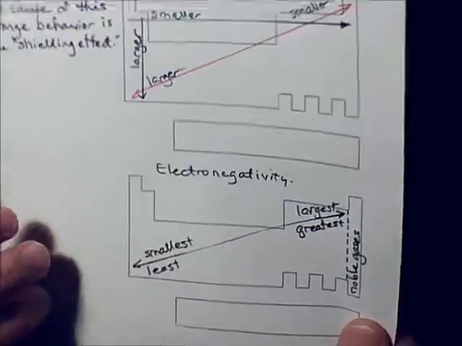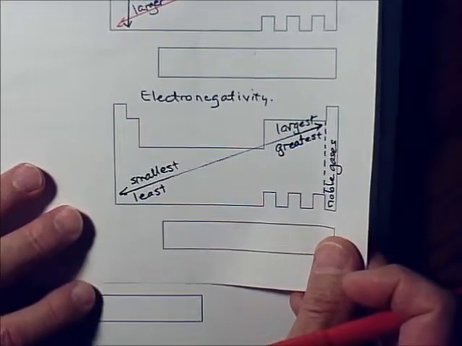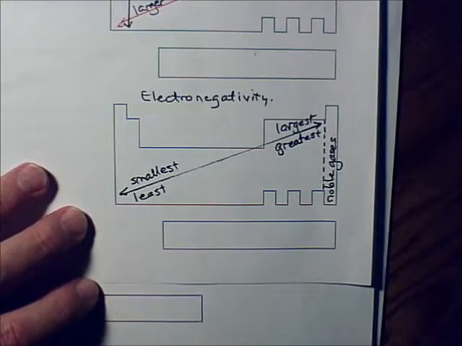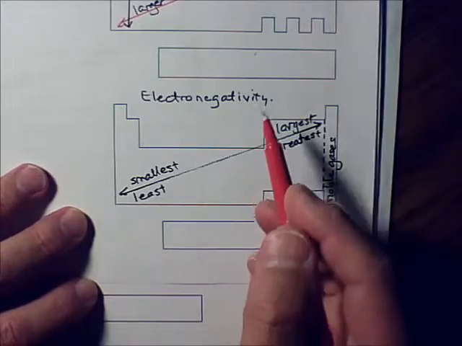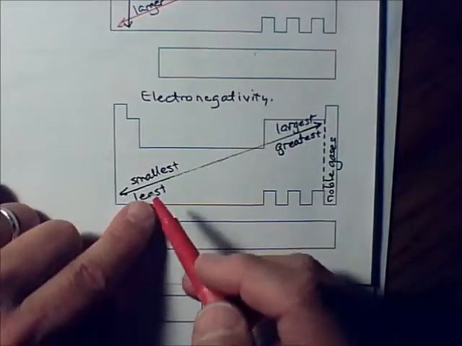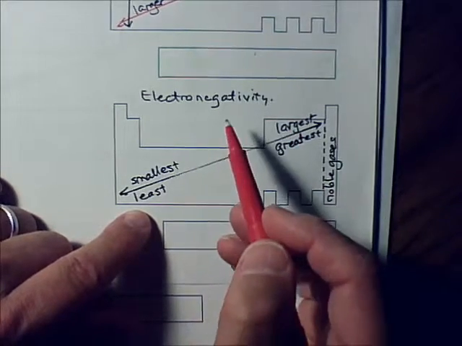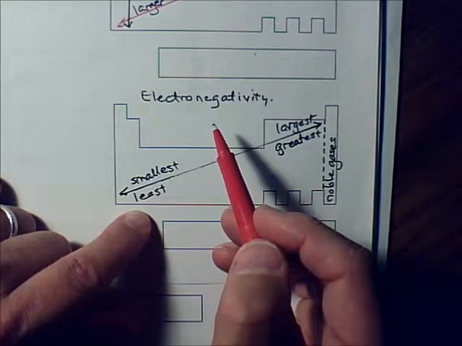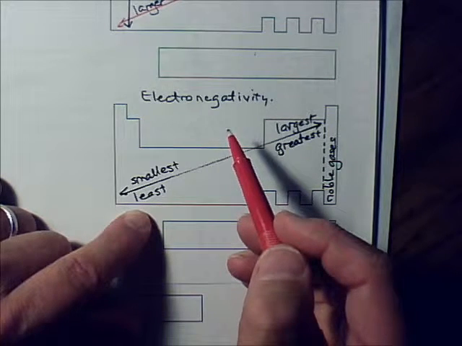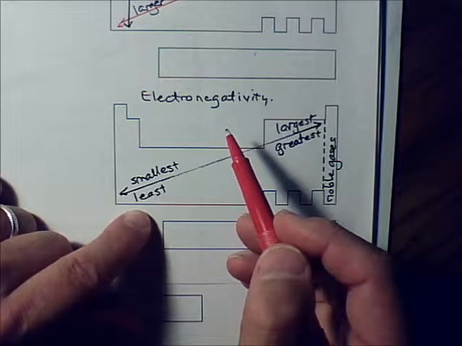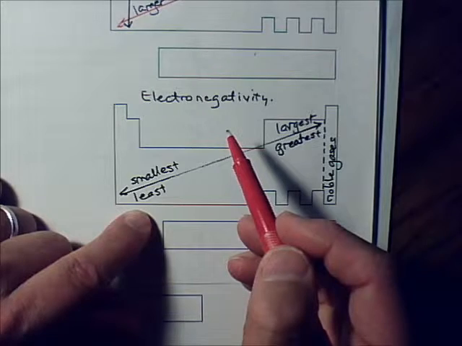Now, electronegativity. This is going to be really, really important when we get to bonding several units from now. Alright? So, the pattern of electronegativity, and electronegativity, we said, is all about sharing electrons. It is the relative force with which one atom pulls on a pair of electrons it shares with another atom.